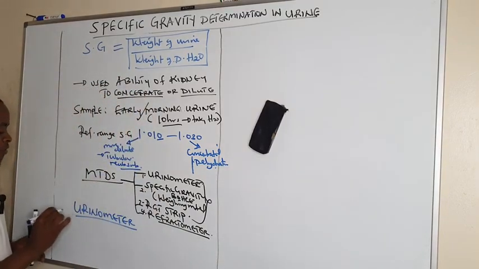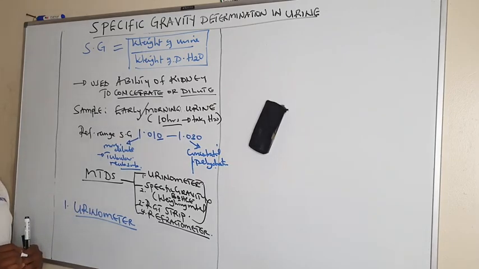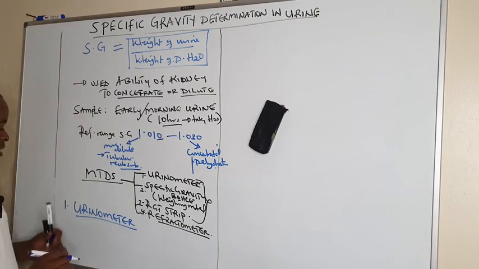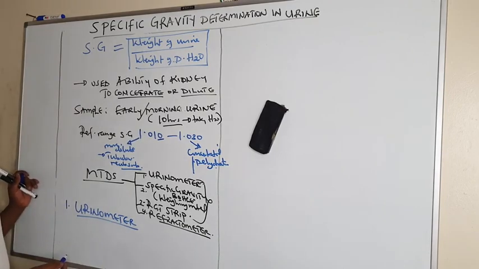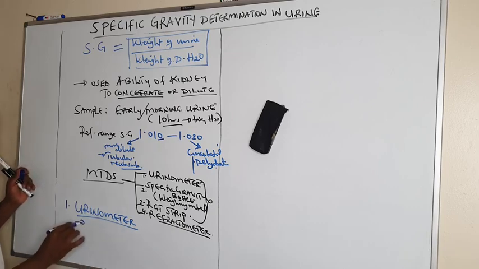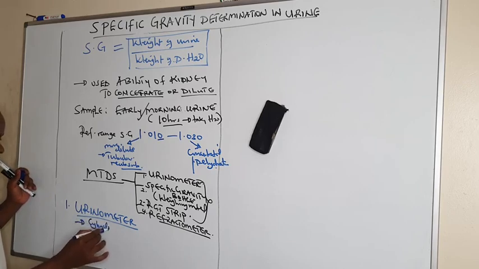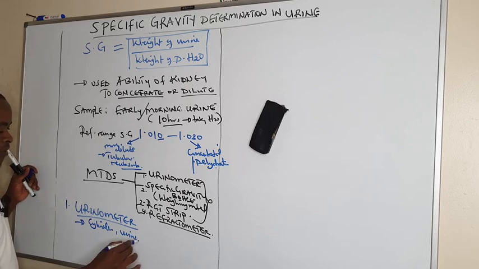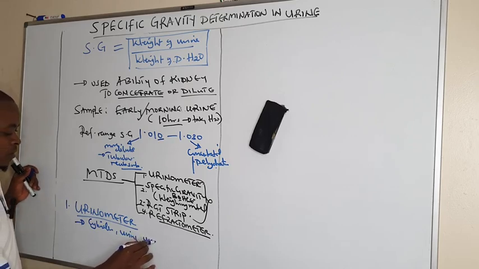So the urinometer, which is the first method we can use to determine specific gravity, uses a urinometer bottle. Among the requirements, we shall need a measuring cylinder, a urine sample, which is early morning, and a urinometer.